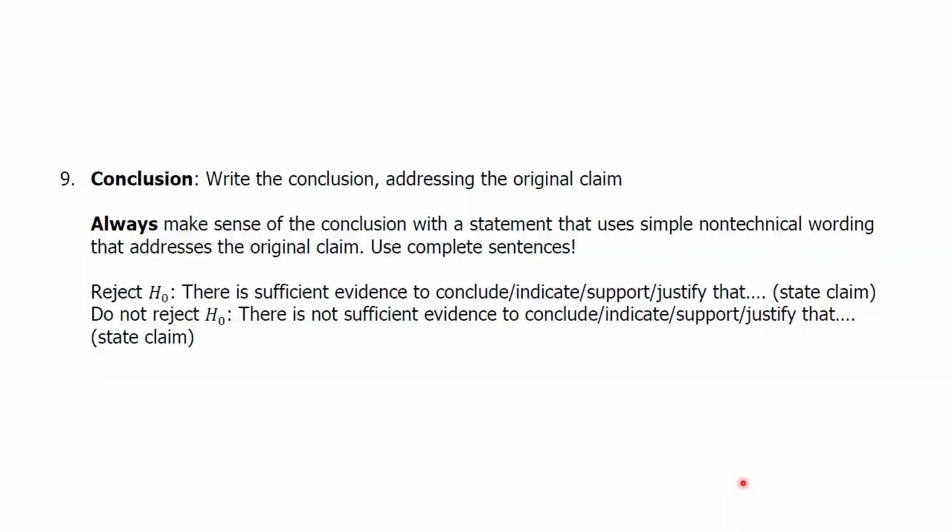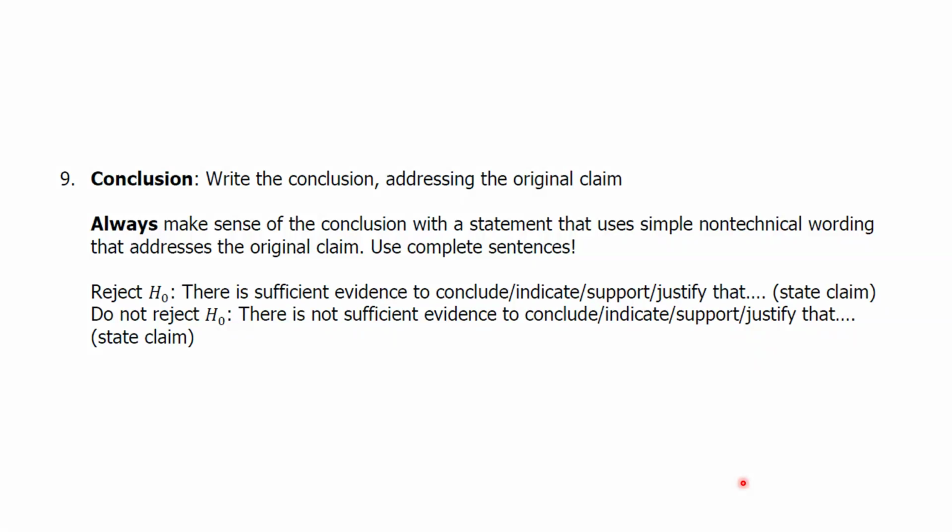Okay. And step number 9 is the conclusion. So we'll write the conclusion addressing the original claim. Always make sense of the conclusion with a statement that uses simple, non-technical wording that addresses the original claim, and use complete sentences.